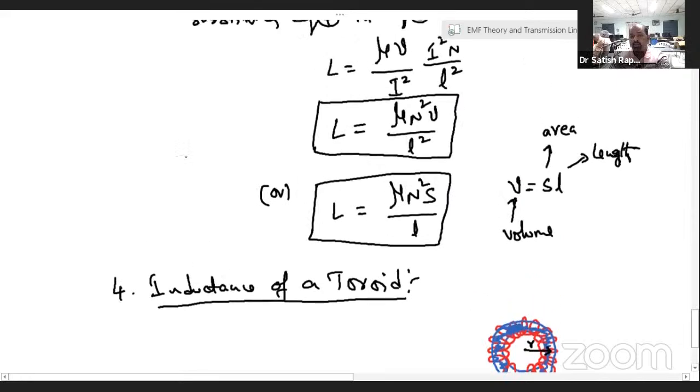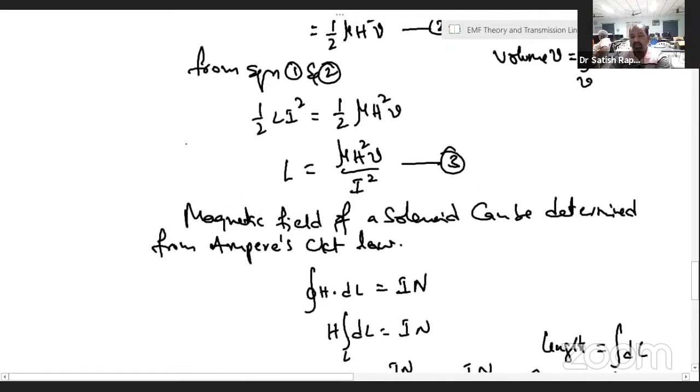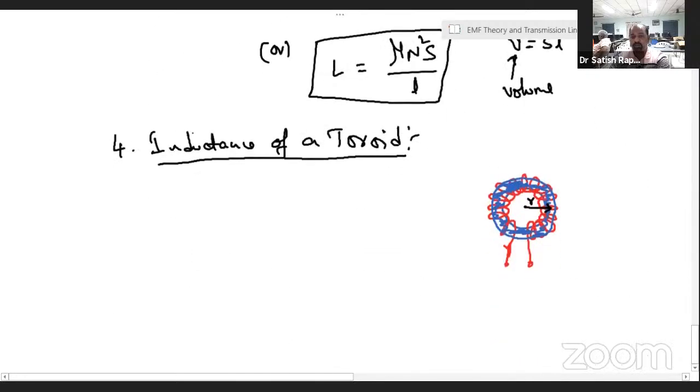Inductance due to a toroid, say I'm taking the same equation here, L is equal to equation 3, I'm taking equation 3 as it is. L is equal to mu H square V by I square. Let us say this is equation 1, right?